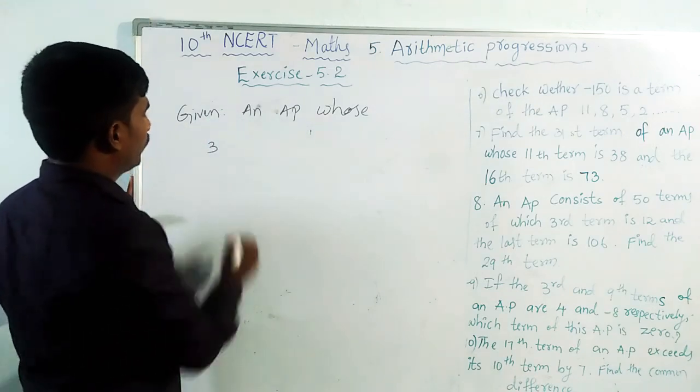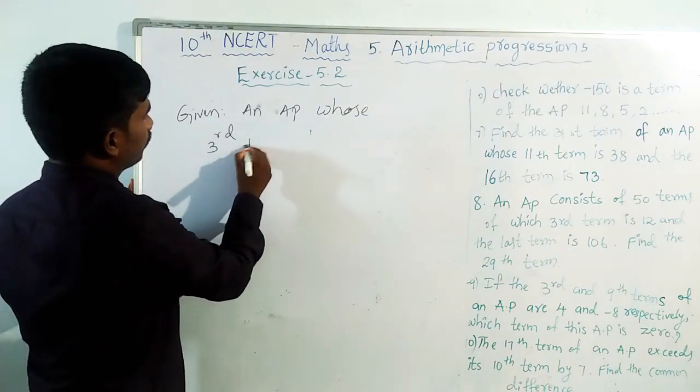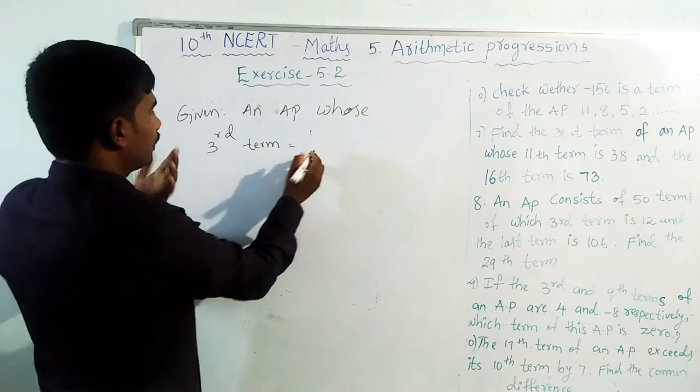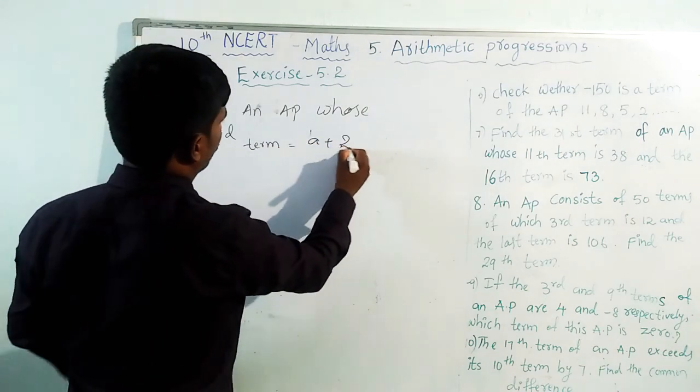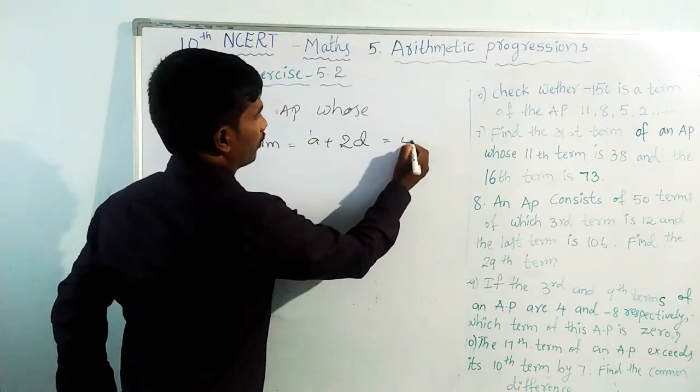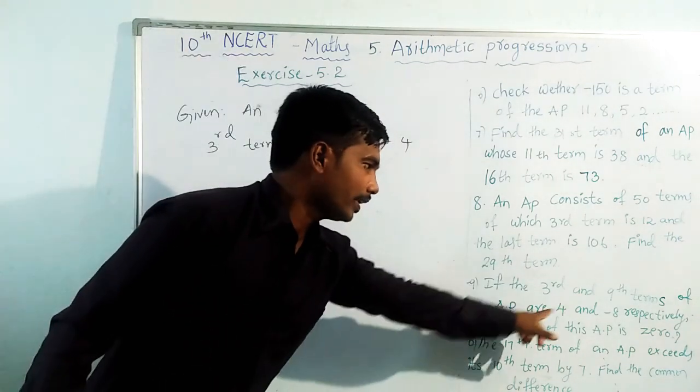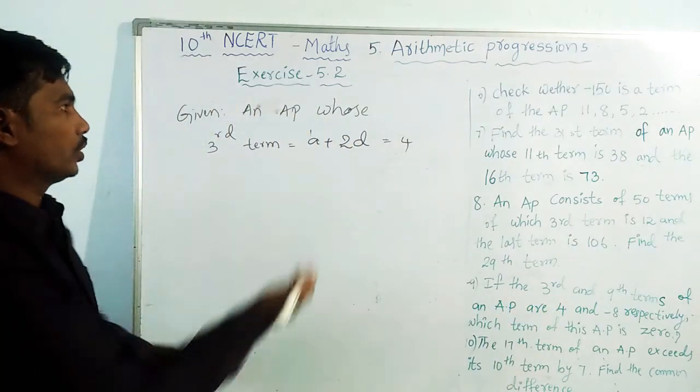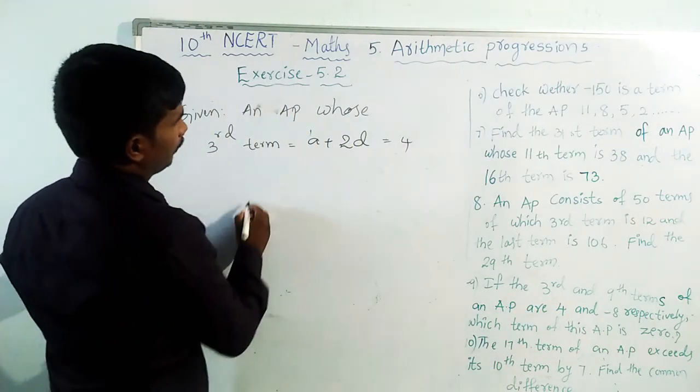Third term of the given AP. The third term means A plus 2D. A plus 2D is equal to how much? 4. The third and ninth terms are respectively 4 and minus 8. So the third term is 4.